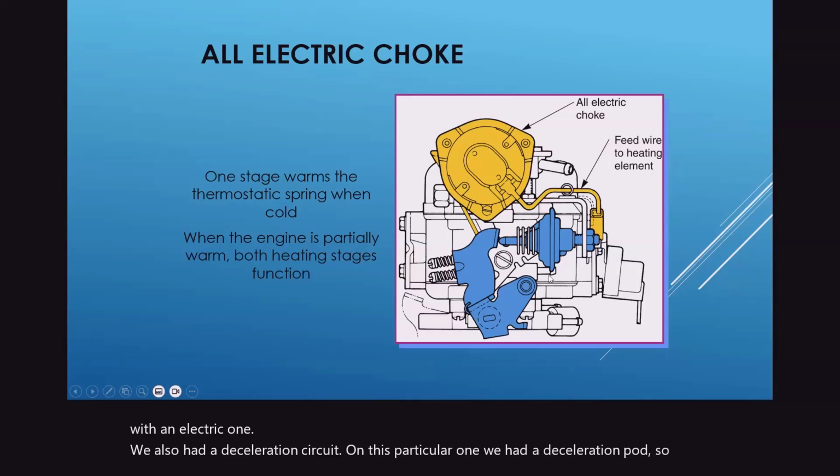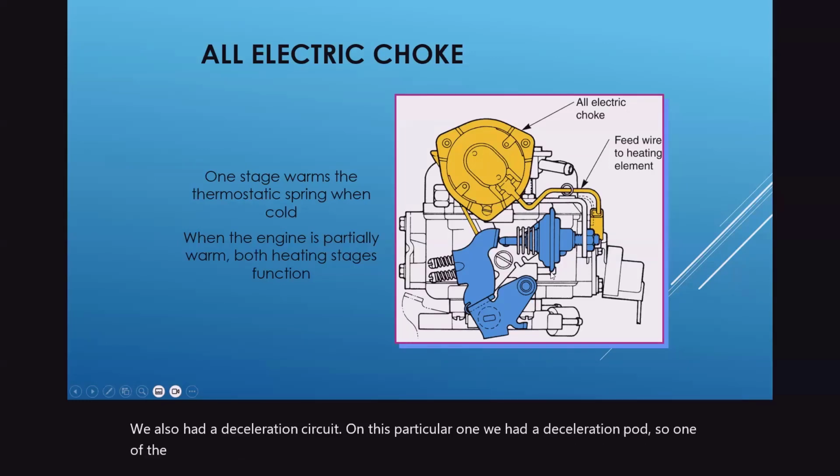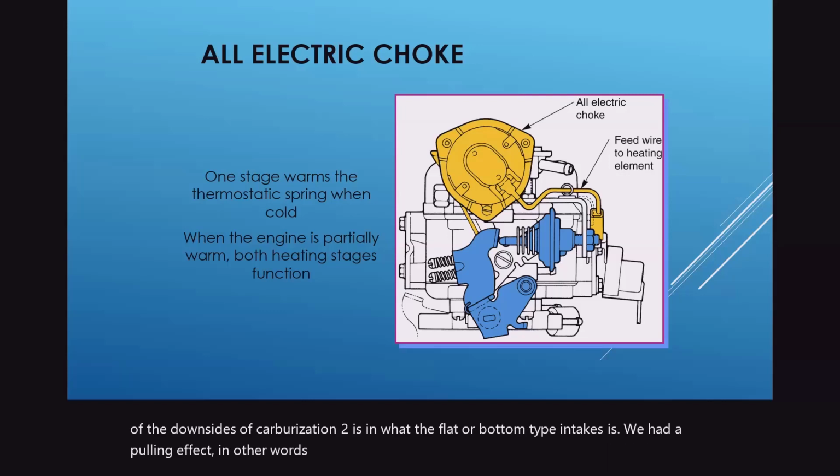One of the downsides of carburation too, with the flat or bottom type intakes, is we had a pulling effect. In other words, not all fuel would be atomized as it goes across, especially when the engine was cold.